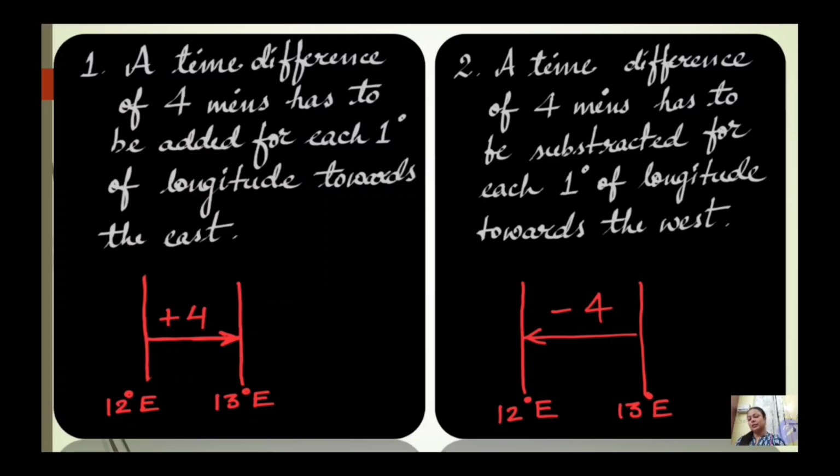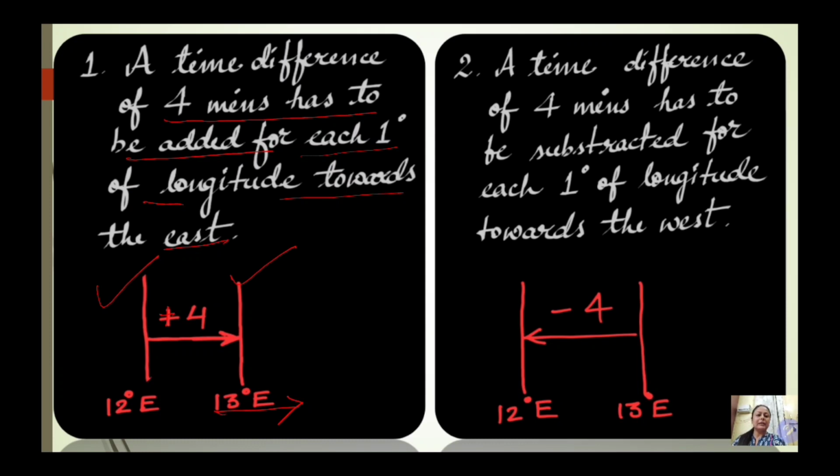Now, here we can understand with the help of the matter written in this slide that a time difference of 4 minutes has to be added for each 1 degree of longitude towards the east. So students, if we are moving towards the east, then 4 minutes are added, means this longitude, whatever is the time, here it will be 4 minutes ahead.